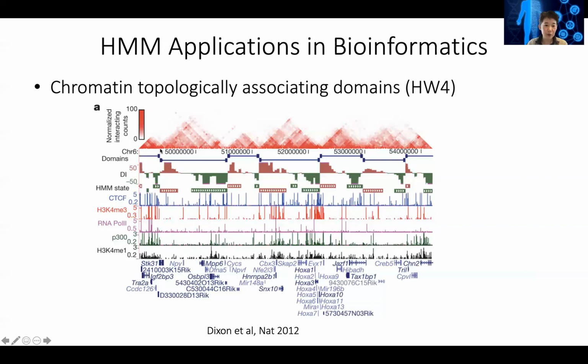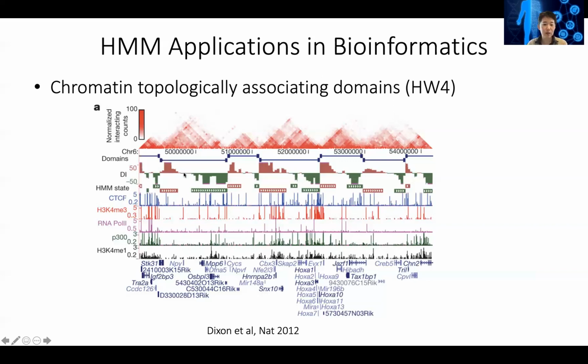At the beginning of the domain, you almost never see this region interacting with the domain before, but you see interactions with everything after. So there's a very strong bias towards interaction with things after. But if you reach the middle of this domain, at this point, there is an even chance of interacting with both the sequence before and the sequence after, so the signal is kind of even.